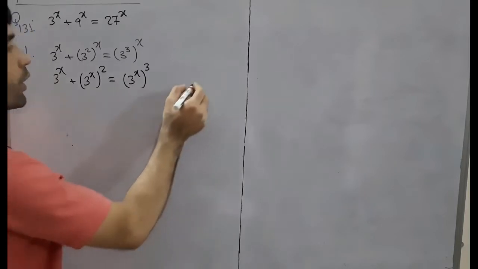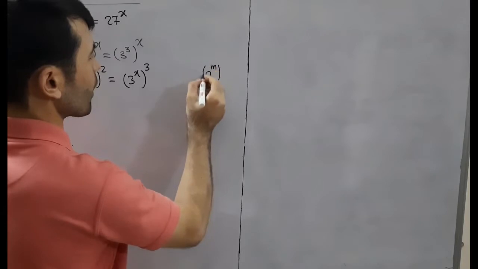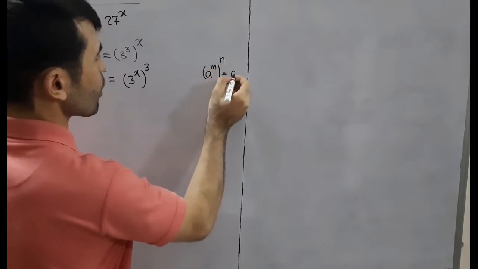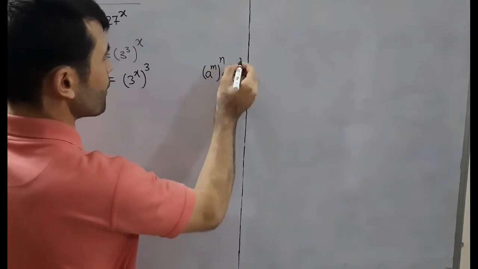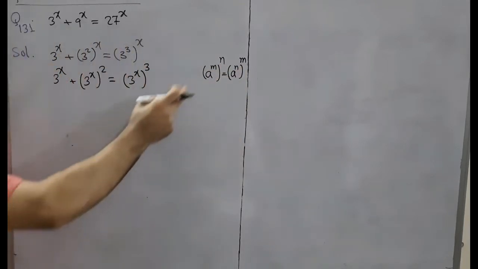We have a rule in power: if we have a to the power m whole to the power n, we can write a to the power n whole to the power m. We can change the place of the exponent.